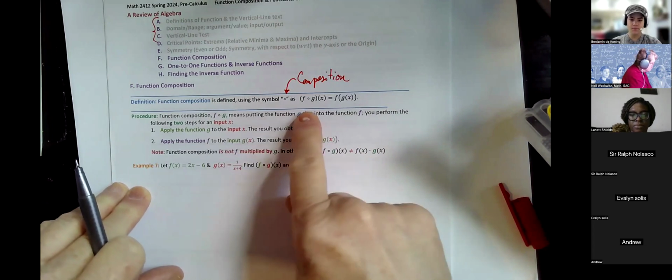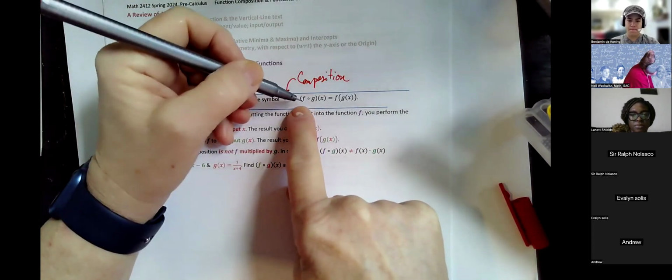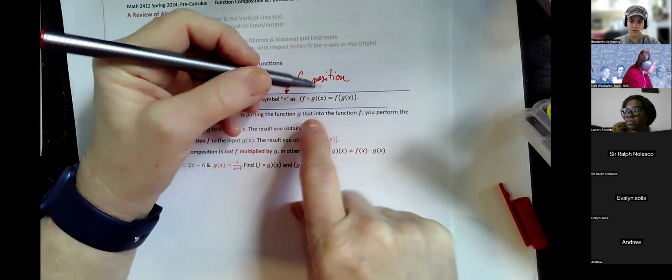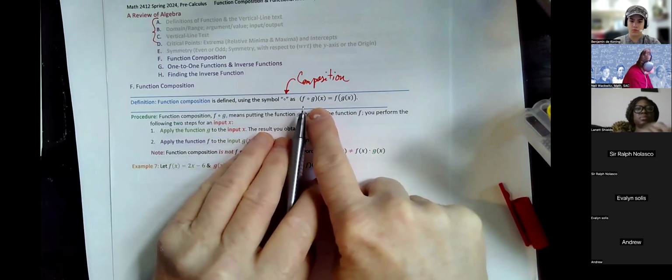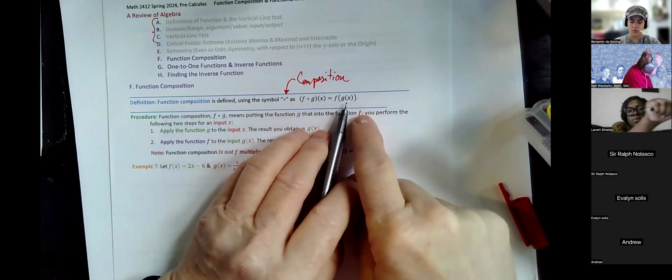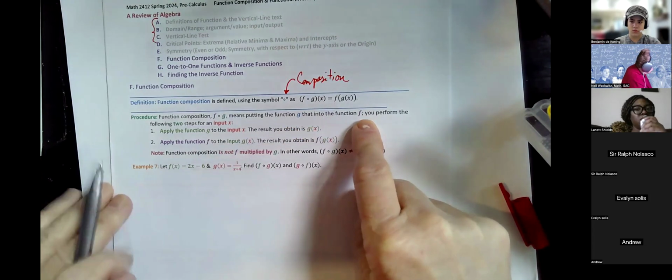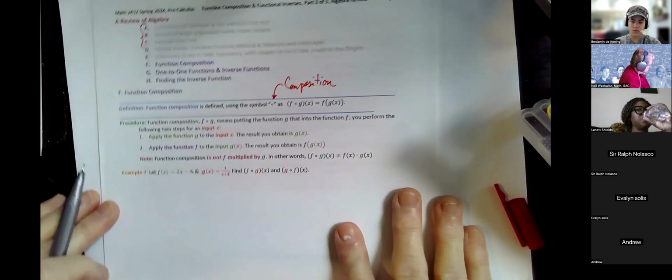into. Whereas with a function, if we have f composed with g of x, that is really just saying put g of x inside of f, and this is what we mean.